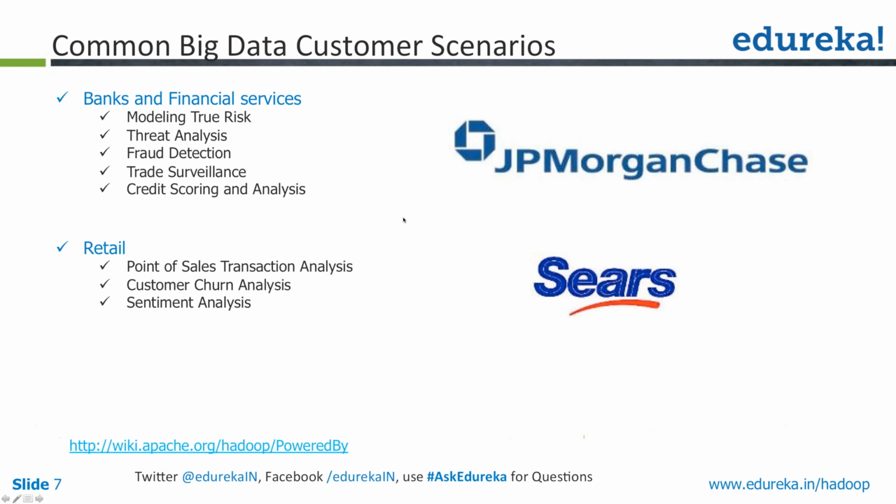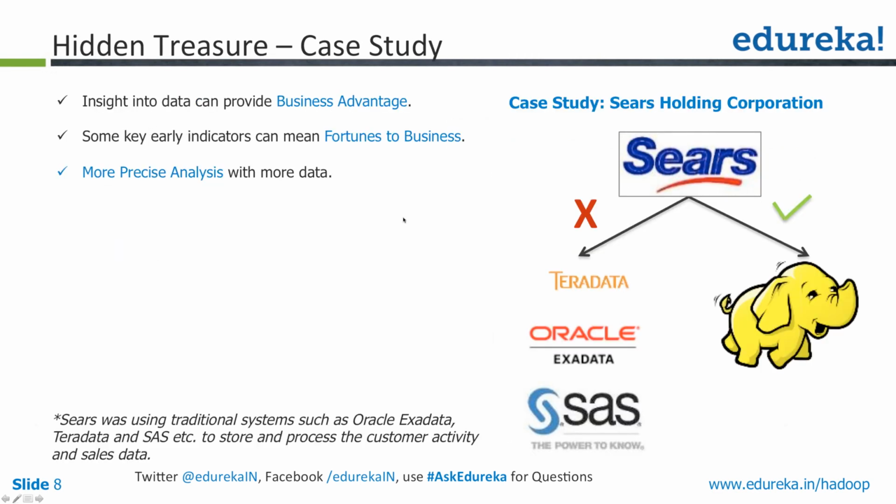So let's take a case study of Sears itself and understand what Sears was doing earlier, what they are doing now, and how they are taking advantage of the big data and Hadoop ecosystem.